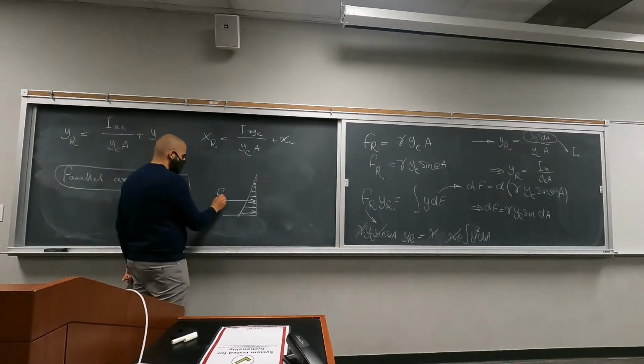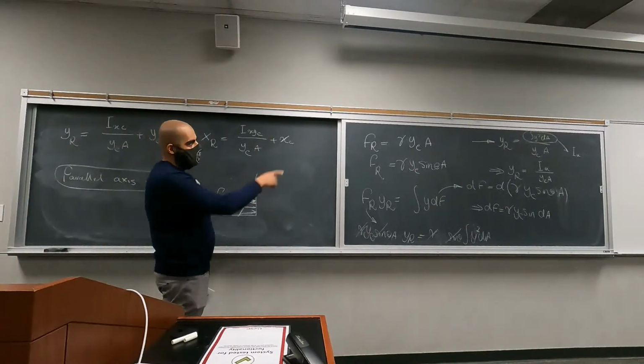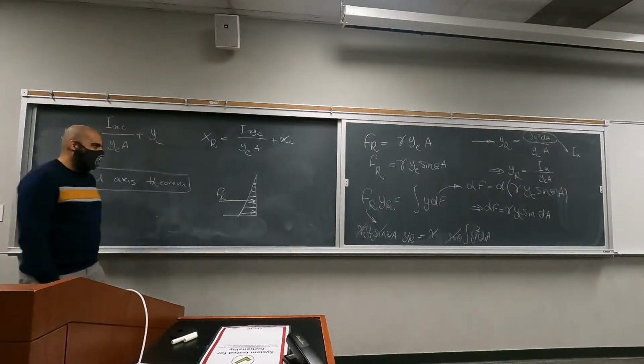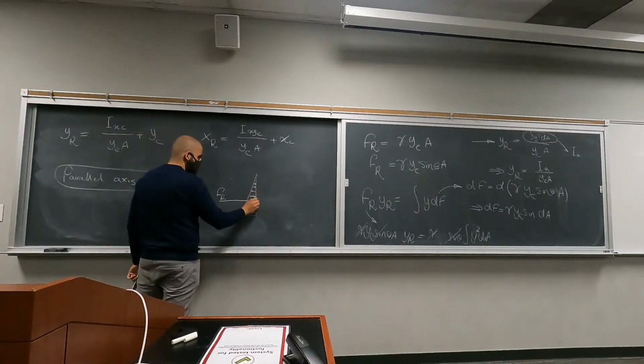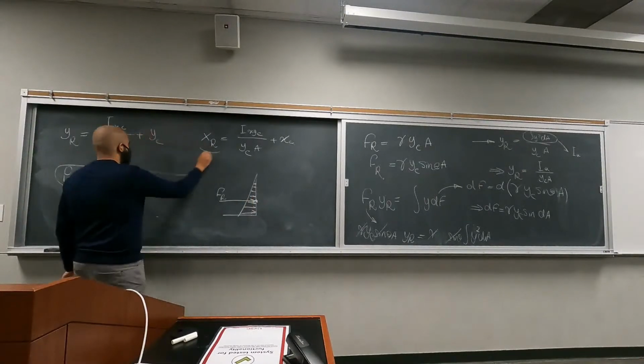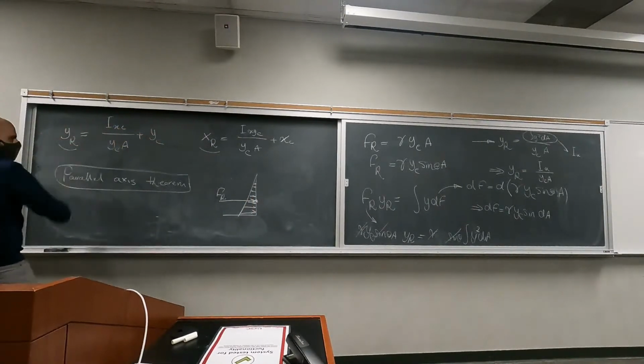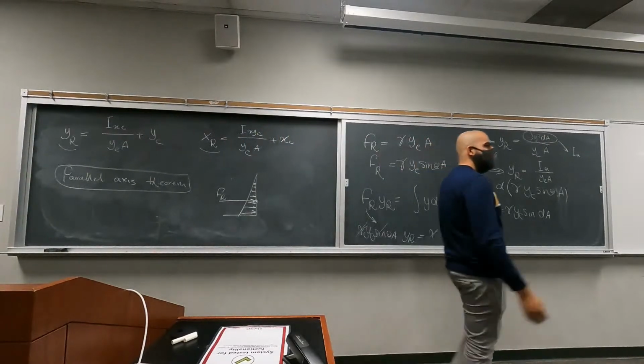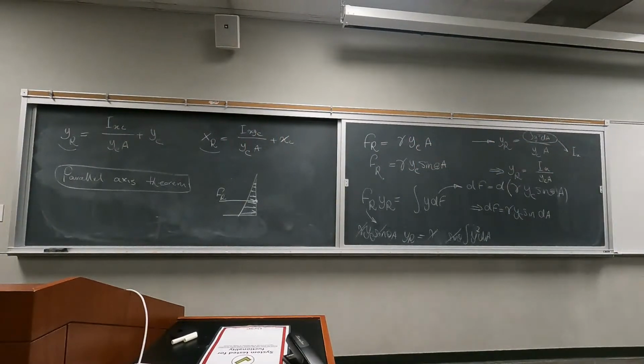That force is going to be Fr. We have the equation for it, right? Gamma y of c sine of theta A, and the location this force is being exerted on is going to be x of r and y of r. So three main equations that are going to help us replace a distributed load by a point load.